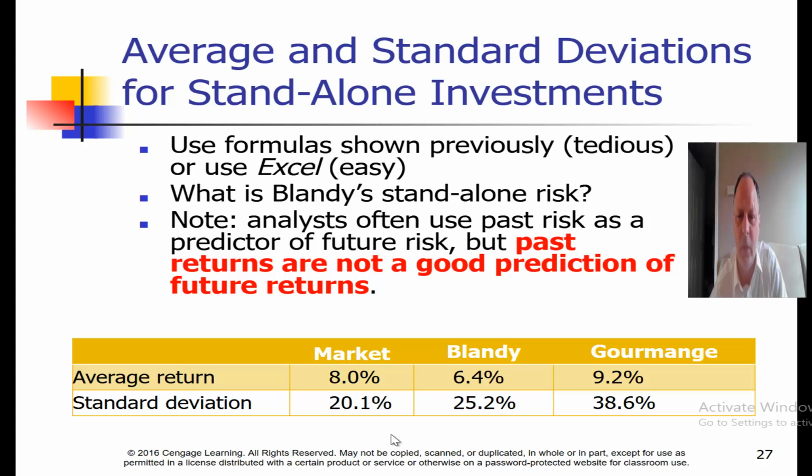So on a standalone basis, Gramage has a higher rate of return and a higher risk than Blandy, but of course the market overall lowers standard deviations significantly, but gets a rate of return between the two stocks.